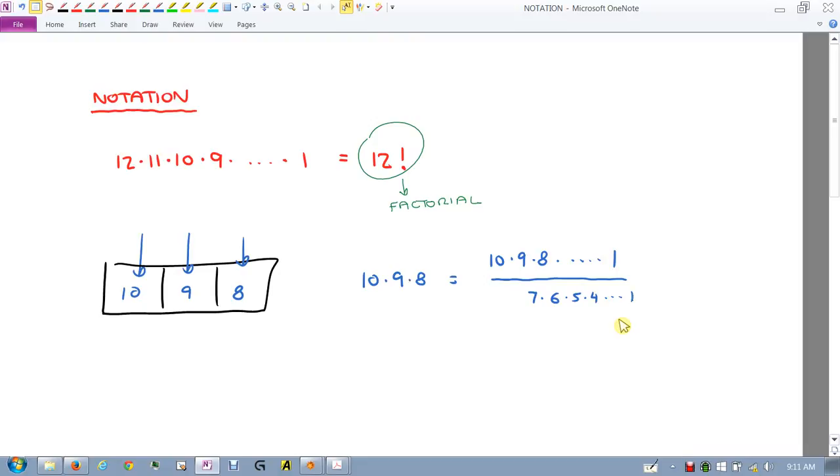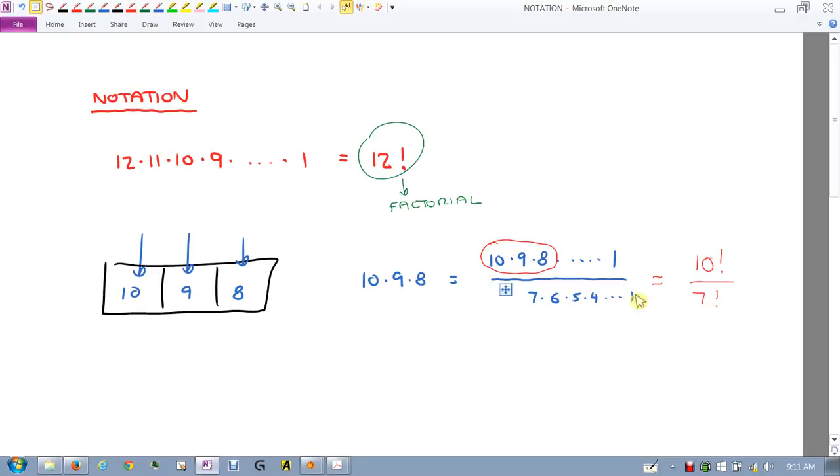I know it looks more complicated, but do you agree it's the same? So you'd have 7, 6, 5, 4, 3, 2, 1 over here, and then this 7, 6, 5, 4, 3, 2, 1 would cancel with all of those, and so all that you would have left is this, right? Yes. But you could rewrite this as what? 10 factorial over what? 7 factorial.